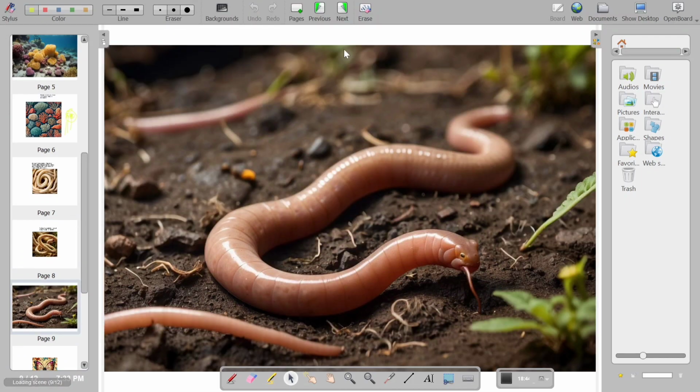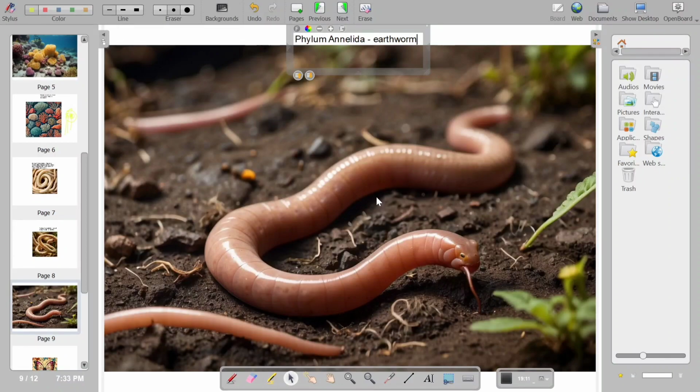Then we shall see about the phylum Annelida. In this phylum, the example is earthworm. It is composed of several segments, called metamerism.